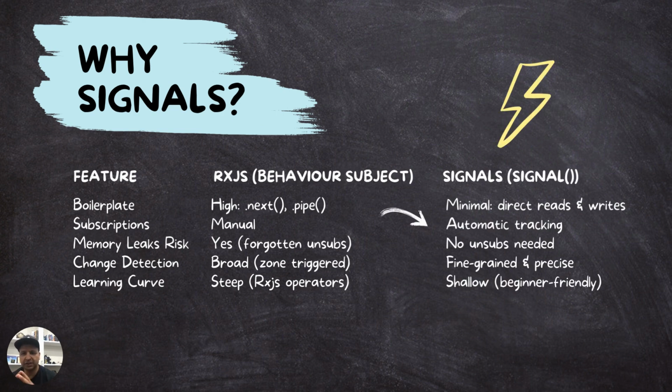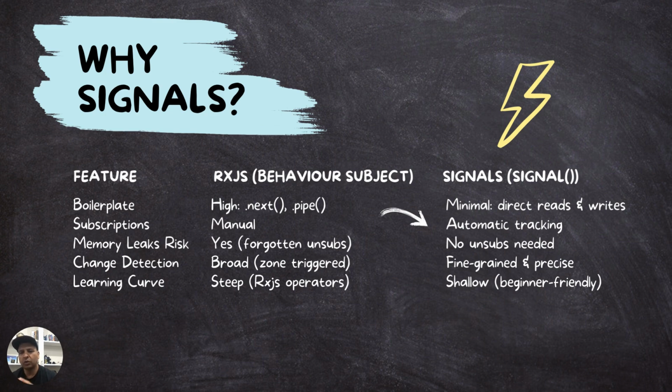So signals fix this by being part of Angular's core reactivity model, which RxJS is not. So when a signal changes, Angular knows exactly what part of the DOM to update. So no more checking everything just in case. It's precise and it's fine-grained.